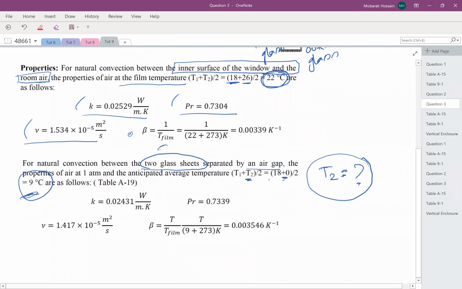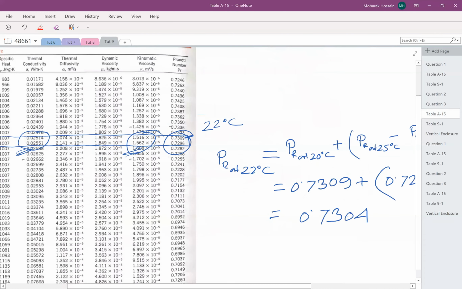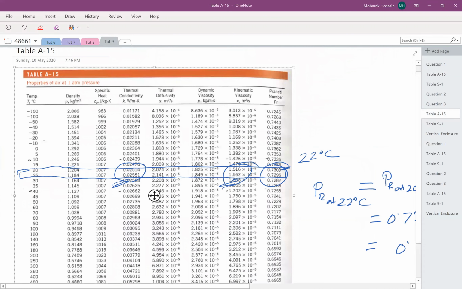So now for 9 degrees, we'll calculate the properties for air. So 9 is directly not given. This 10 is given, so we can use the 10 and 5, these two pieces of information. Then same way we can calculate for 9 degrees.